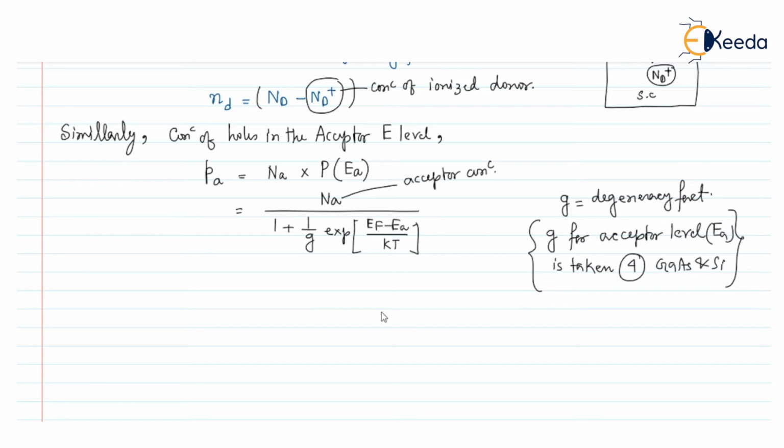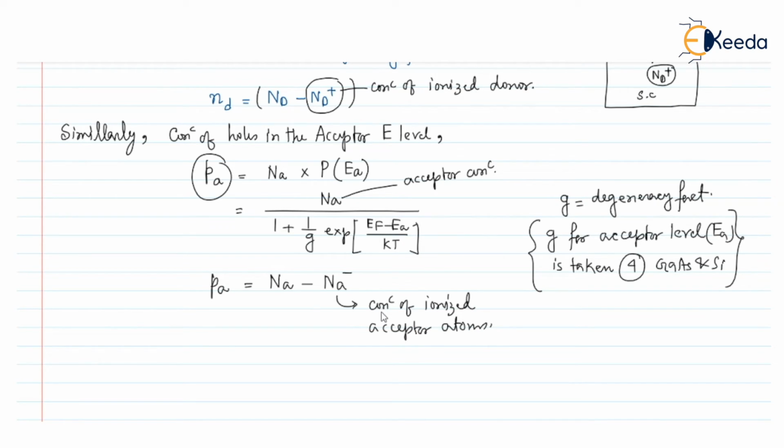So from this equation we can also write that Pa, the concentration of the holes in the acceptor energy level, can be written as Na, the acceptor concentration, minus Na minus, where Na minus is the concentration of ionized acceptor atoms.